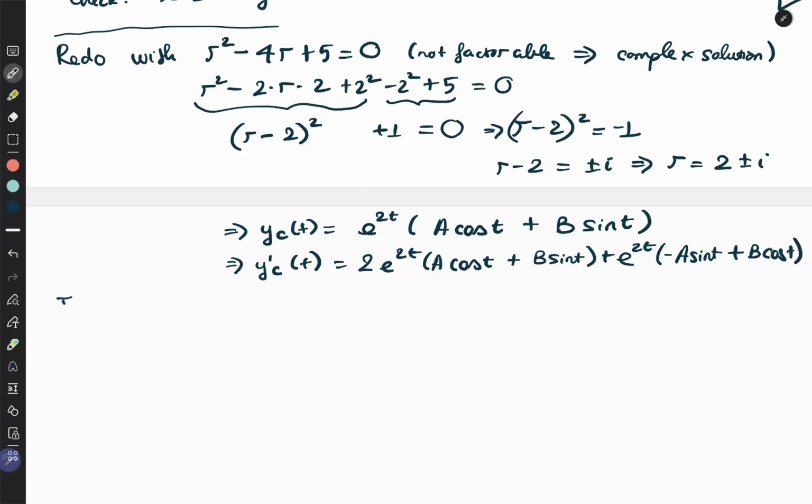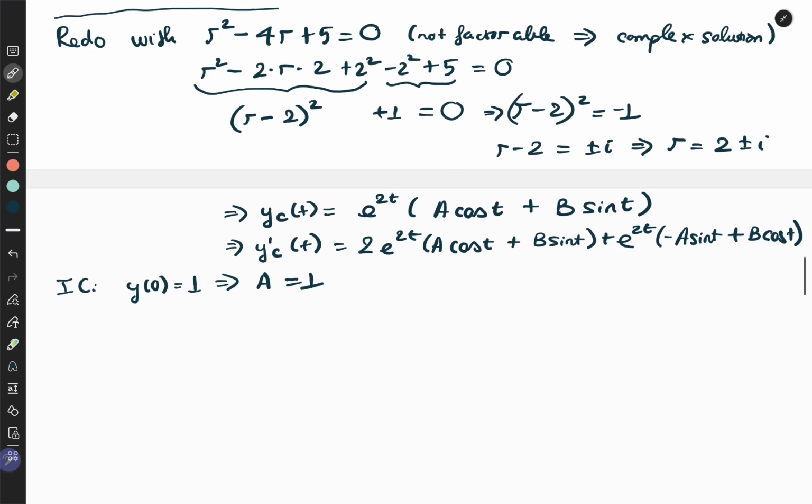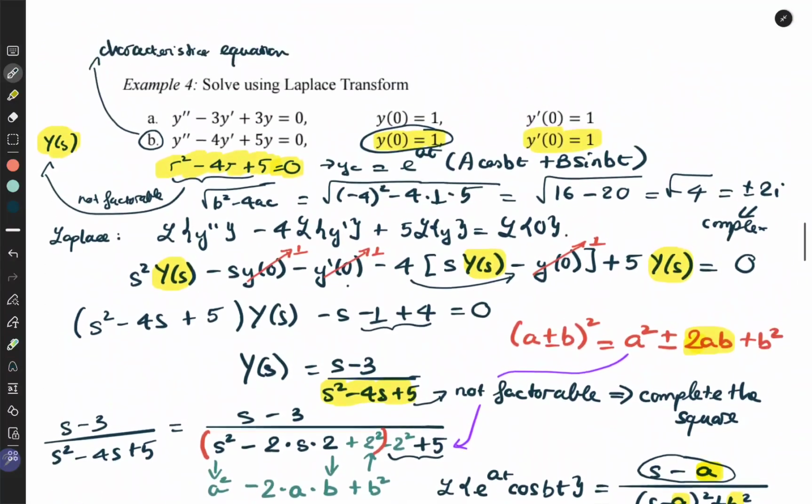Okay, so my initial condition, first one, y(0) equals 1, which is a equals 1. Okay, we're gonna move on because this one we're so familiar with, so I'm gonna skip the algebra. y prime of 0 also equals 1.